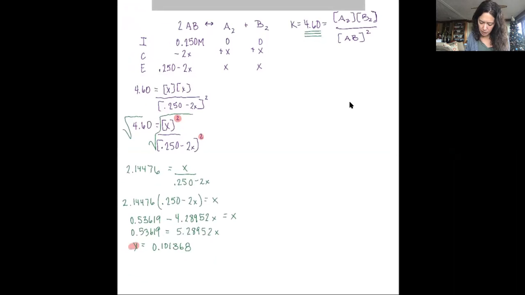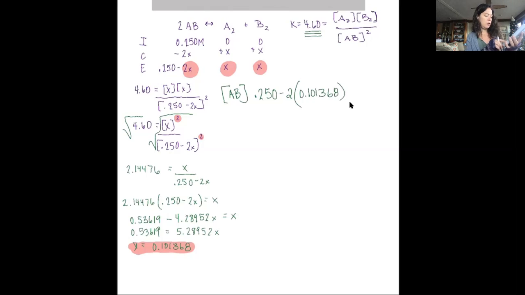Okay. So let's look at what we have. We now know what x equals. I can plug that in for this, this, and this, and I will have all of my equilibrium concentrations. So for AB at equilibrium, we have 0.250 minus 2 times x. We said that x is 0.101368. So 0.250 minus parentheses 2 times, and I still have that number there.